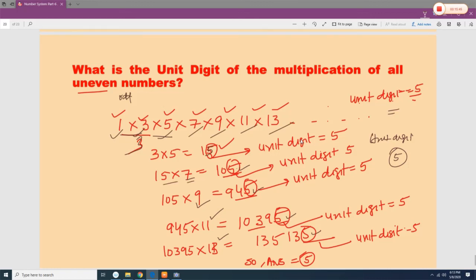So 15 into 7 is 105, so it is 5. Then 105 into 9 is 945, so it is 5. 945 into 11 is 10,395, so 5 is the unit digit. Then 10,395 into 13 is 135,135, so 5 is the unit digit. So the correct answer will be 5.